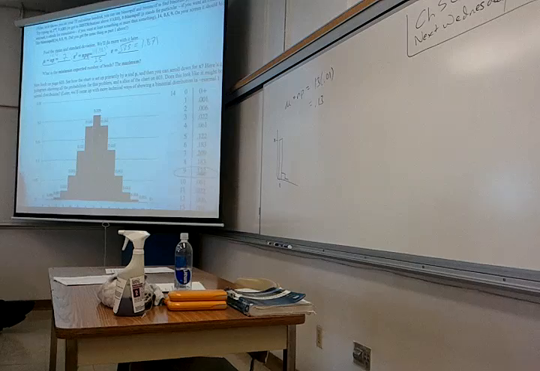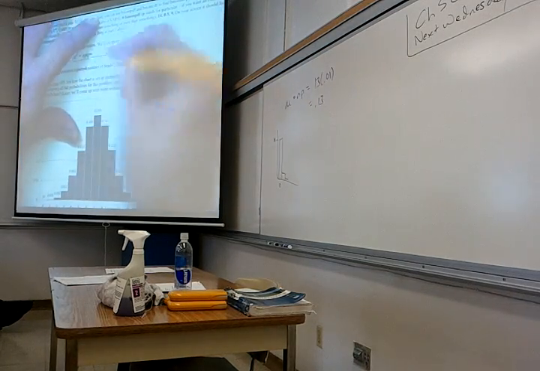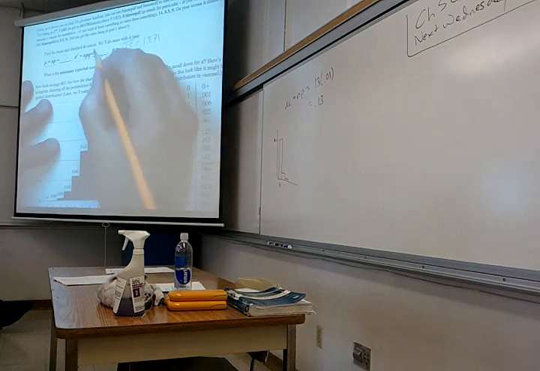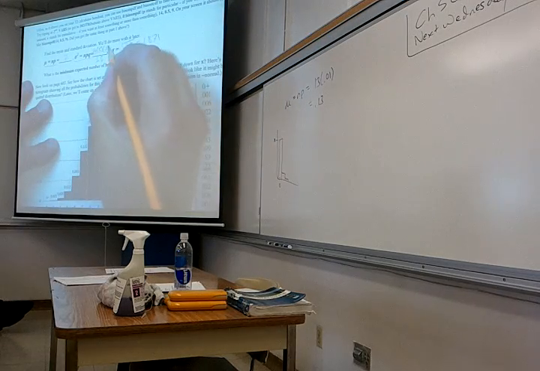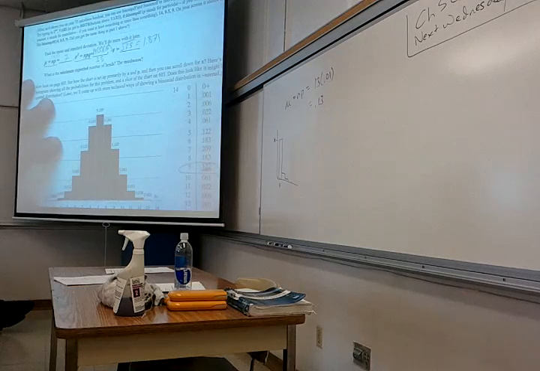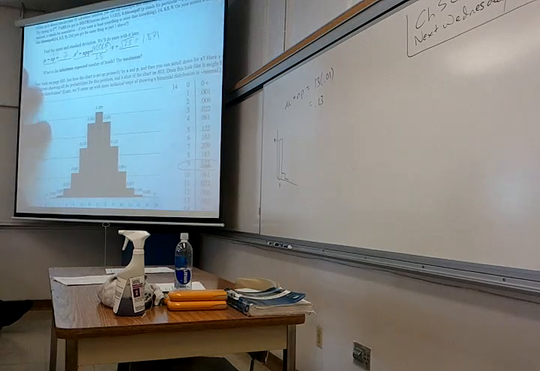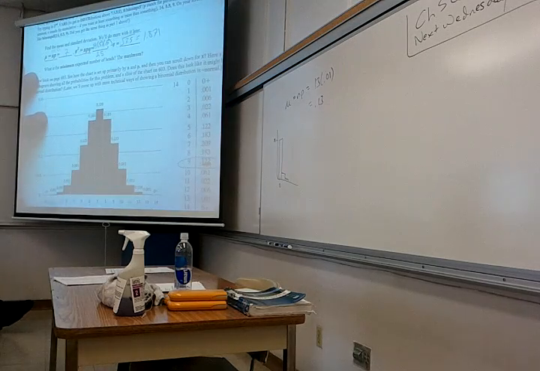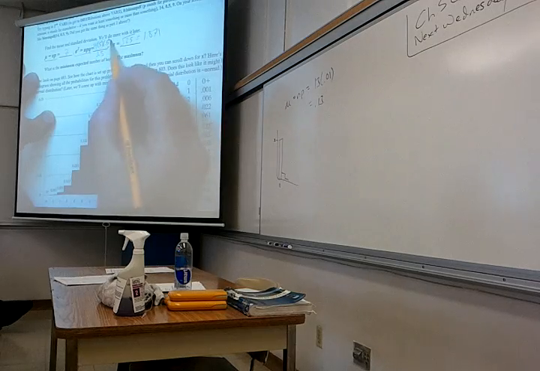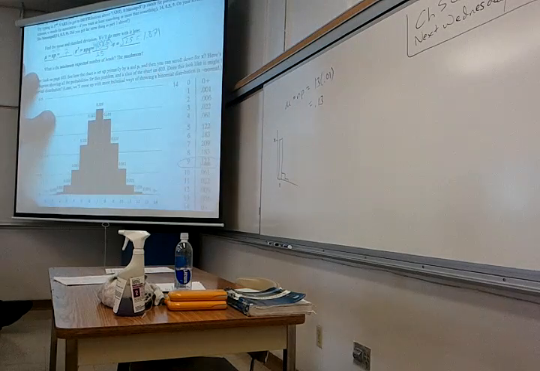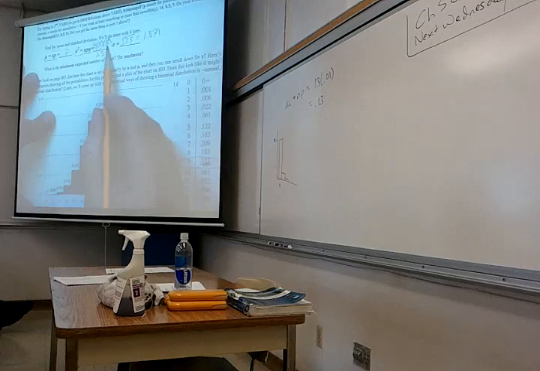How are we doing so far? What's that number? 14 times 0.5 what? Sorry. So N, P, Q. Right, 14 flips, 50% chance of success, 50% chance of failure.